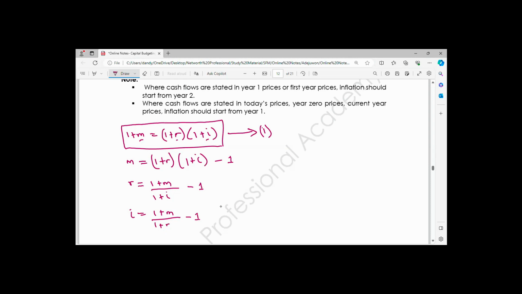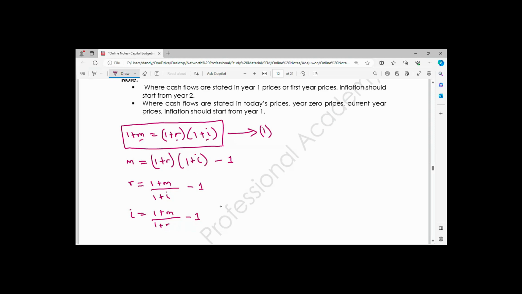Please note that. The second part is that when cash flows are stated in today's prices, year 0 prices, or current value terms, inflation should start from year 1.